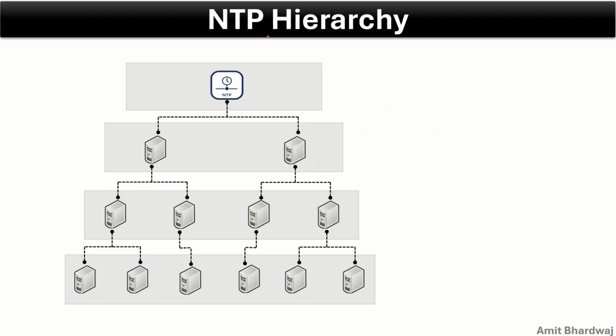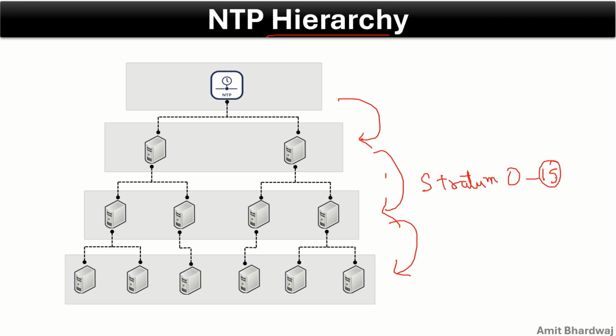Now let's discuss the hierarchical design of NTP. NTP is not like a flat type of setup, it works in a hierarchy, which uses the concept of stratum. Stratum 0 is the closest one, defining the accuracy, and 15 is the least accurate of all the time sources.